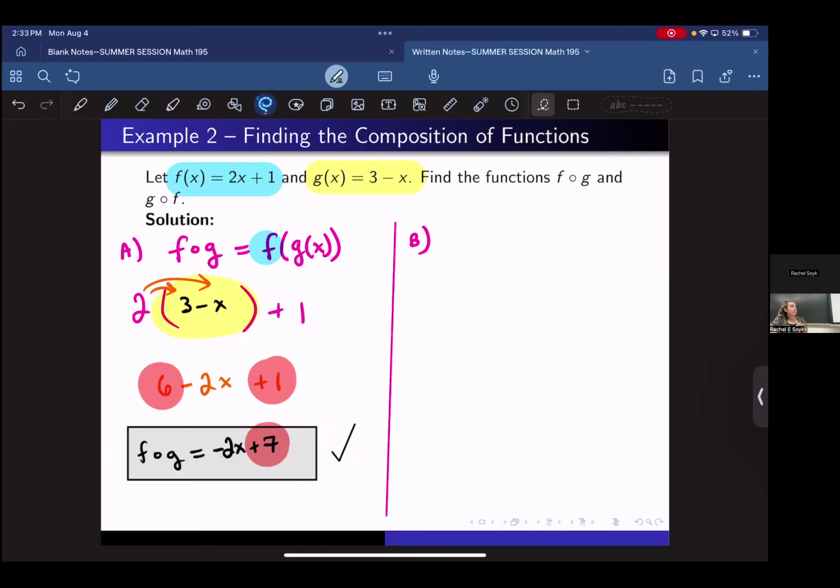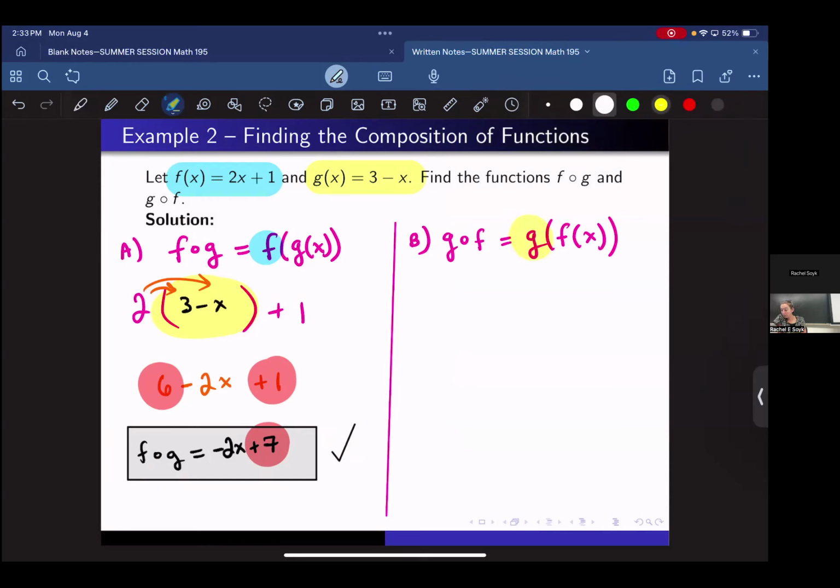Part B, it switches. And now you're looking at g of f, also known as gof. So your parent is now g, and your child is f.